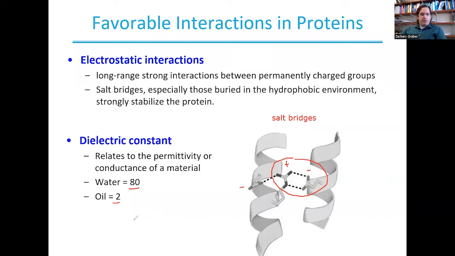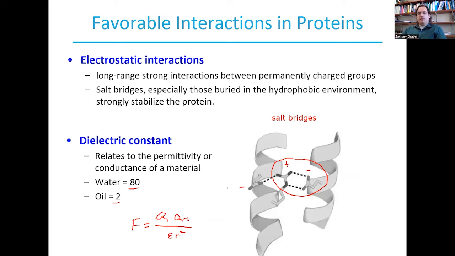In fact, if you remember Coulomb's law that we talked about when we looked at ion solvation earlier, the force of the attraction between two charged particles is based on the charges of those particles over the distance between them squared times this dielectric constant. So as our dielectric constant increases, the force of attraction between those two charged ions of our amino acids actually decreases. So it gets much stronger in that nonpolar environment and much weaker in a more polar environment.